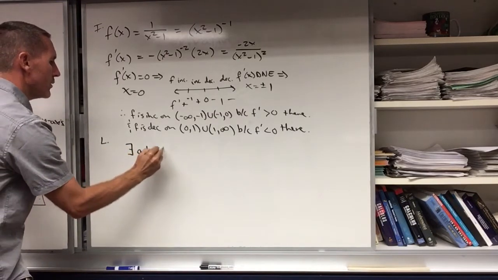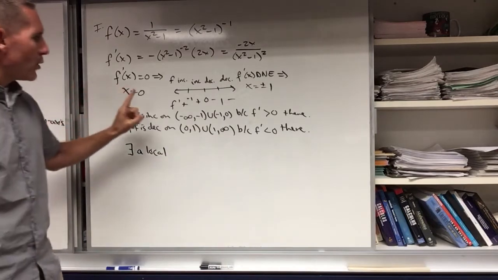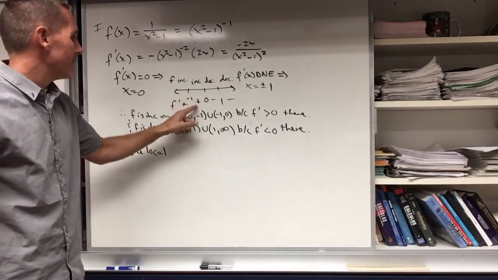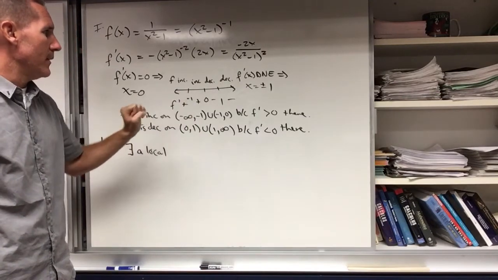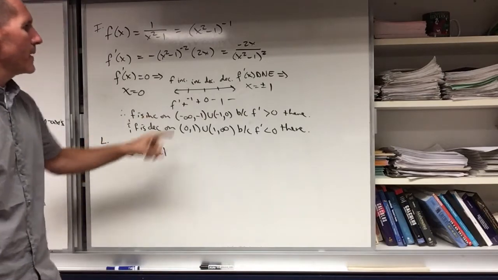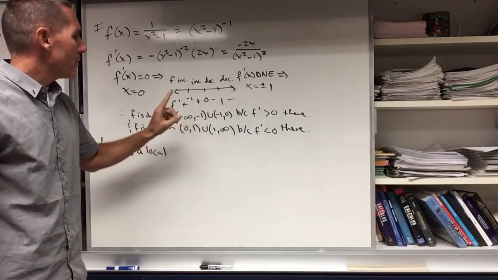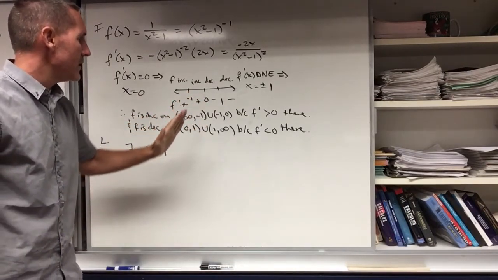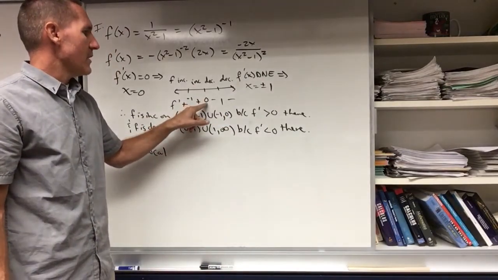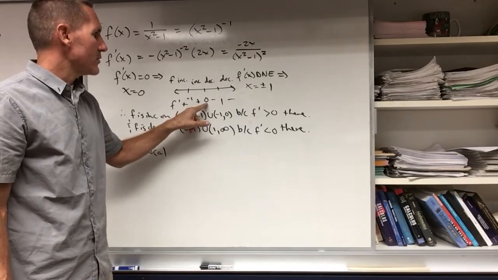a local, and now looking at this, if f goes from increasing and then increasing, there's not going to be a local max or min there. And again, based on the graph, I already know that there's that asymptote there. But at x equals 0, the function changes from increasing to decreasing. So that would mean that there exists a local maximum at x equals 0.